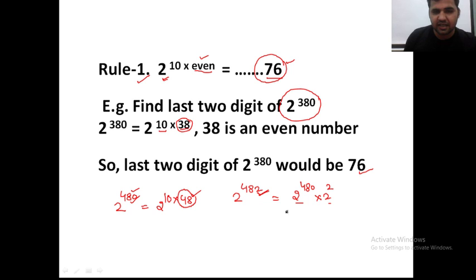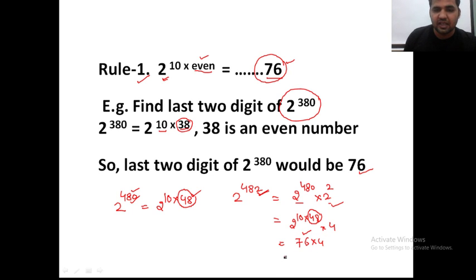I'm just rewriting it into a different form. But now here I can apply rule number 1. Now 2 raised to power 480 can be written as 2 raised to power 10 into 48, and 2 power 2 is 4. Now 2 raised to power 480 will give me the last 2 digit as 76 using rule number 1, which states that if this multiplier is an even number, the last 2 digit would be 76.